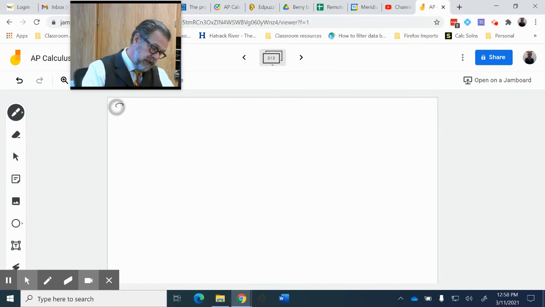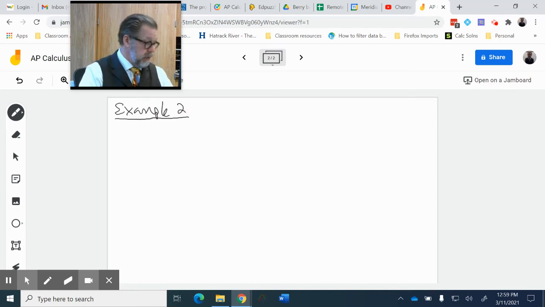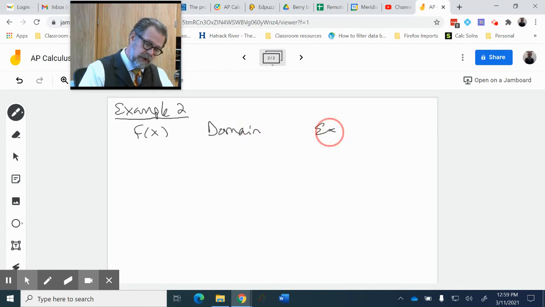All right, example 2. Function, domain, and extrema. And I'm just going to go through a few functions to give you examples of what this looks like. So for example, y equals x squared.